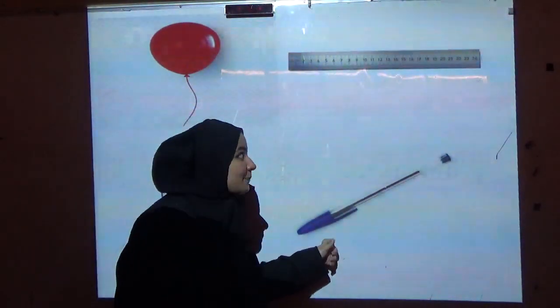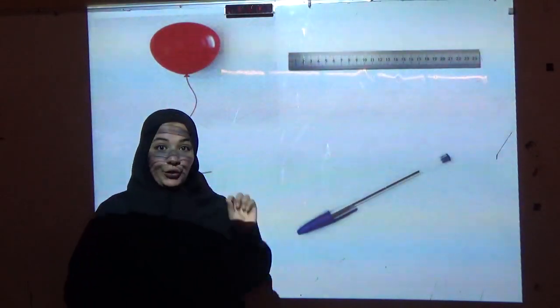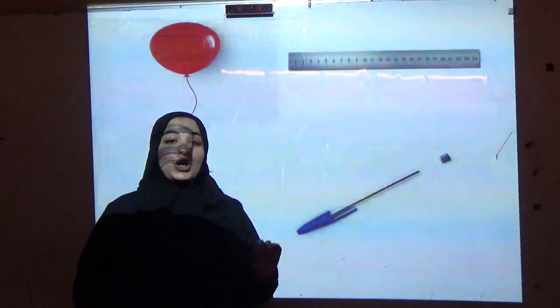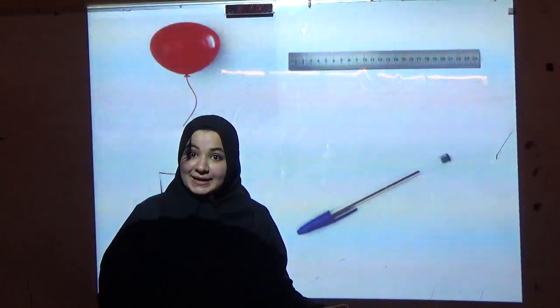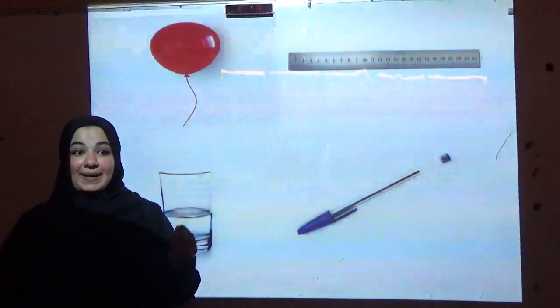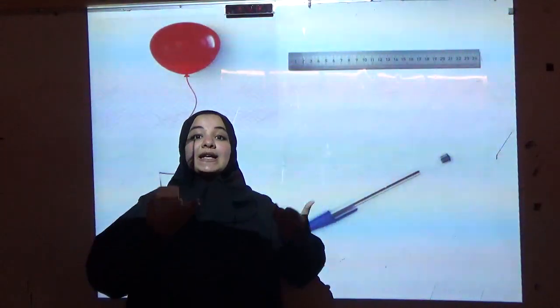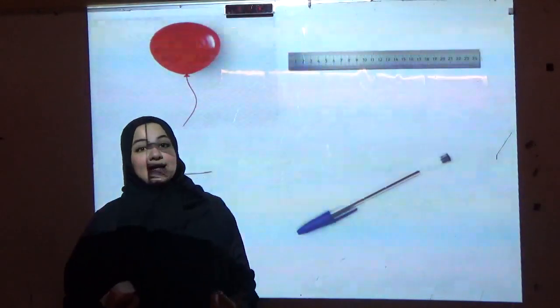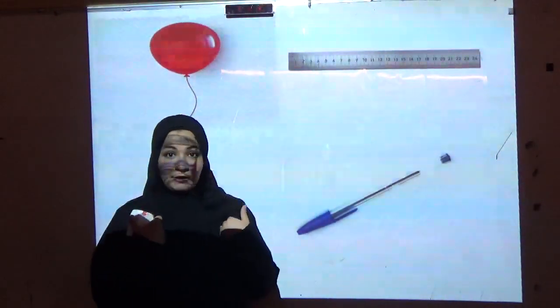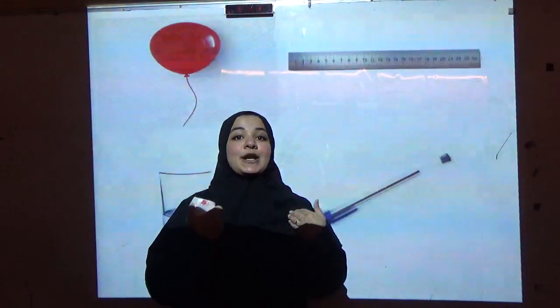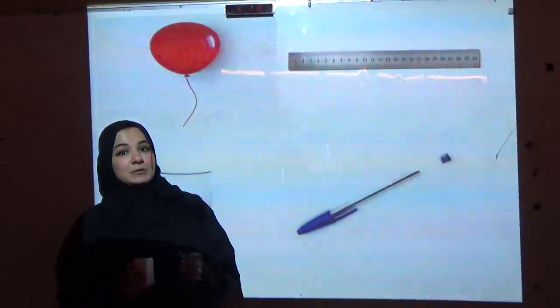Also this pen and this ruler both have mass and occupy a certain space. So what is the definition of matter? We said before that matter is everything around us that has mass and occupies a certain space. Like myself, I'm matter. Why? Because I have mass and I occupy a certain space.